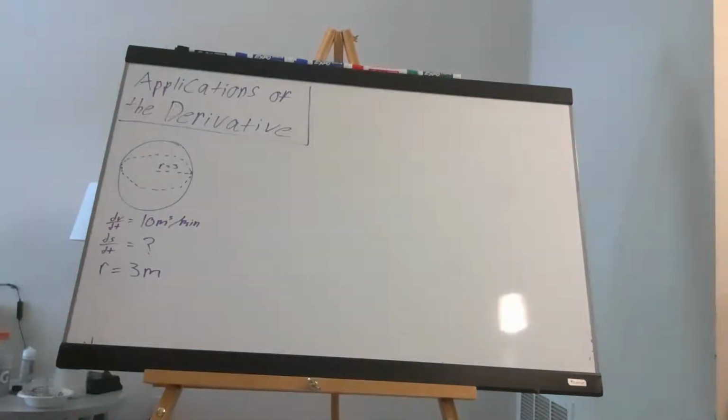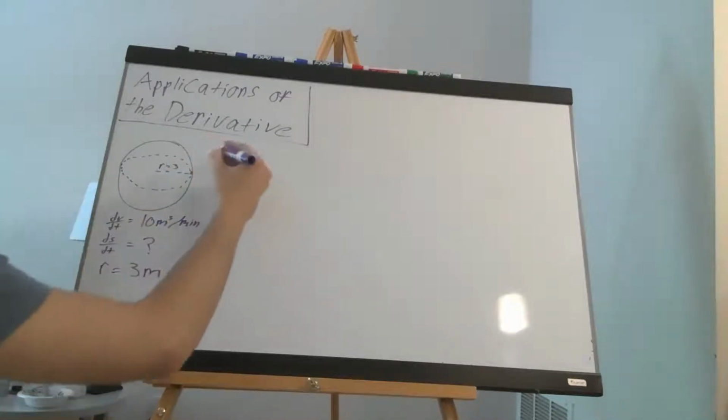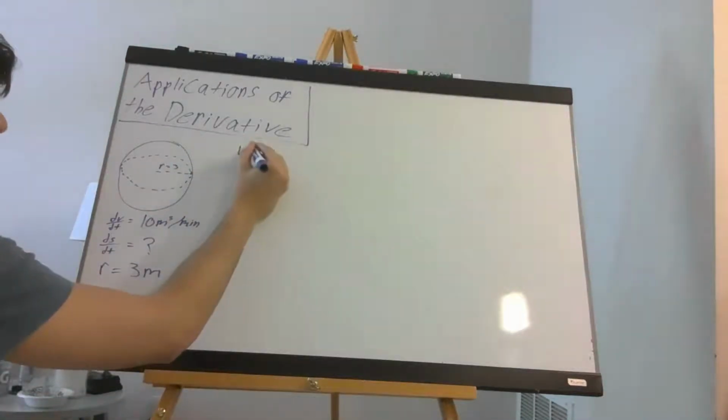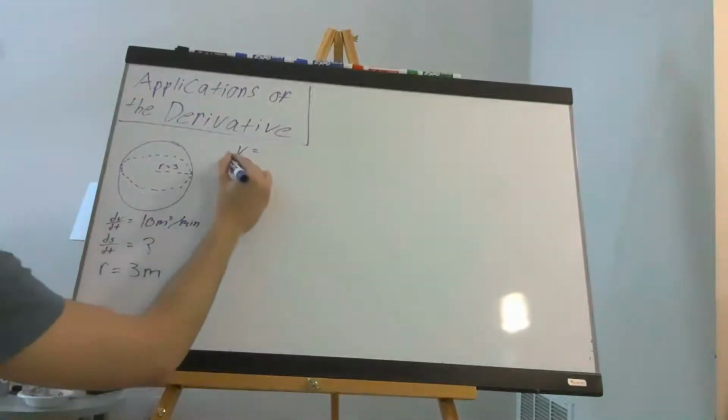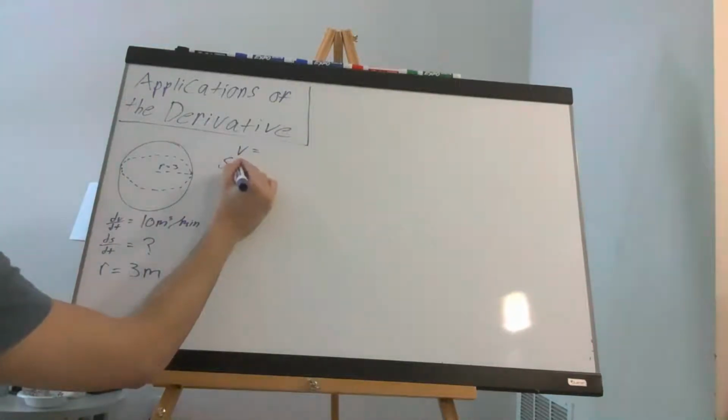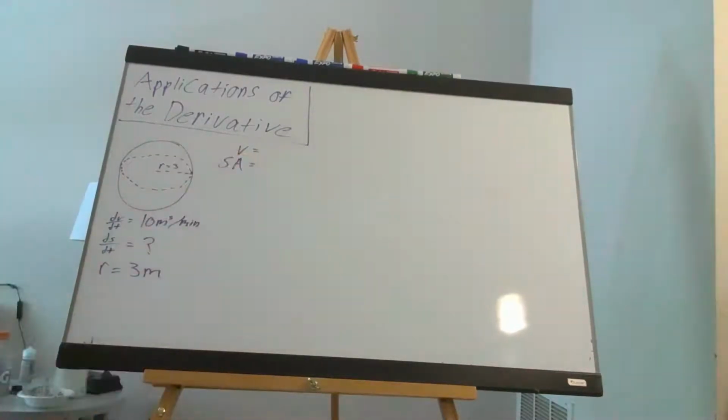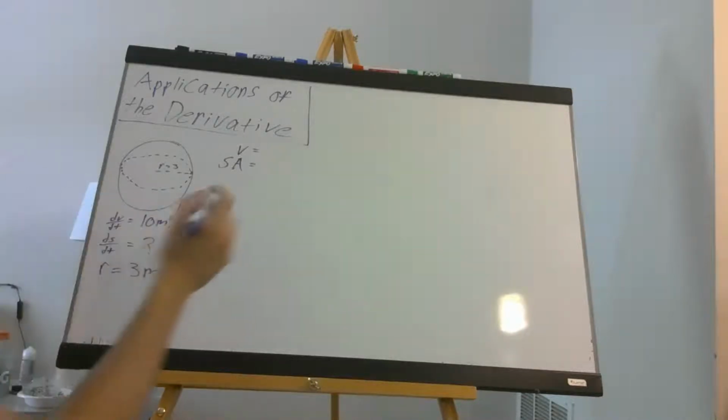All right. So the first thing we're going to want to do here is find out the formula for the volume of a sphere. So we want to know V equals, and we want to know surface area as well. So volume of a sphere, let's see, that's going to be 4 over 3 pi r cubed.